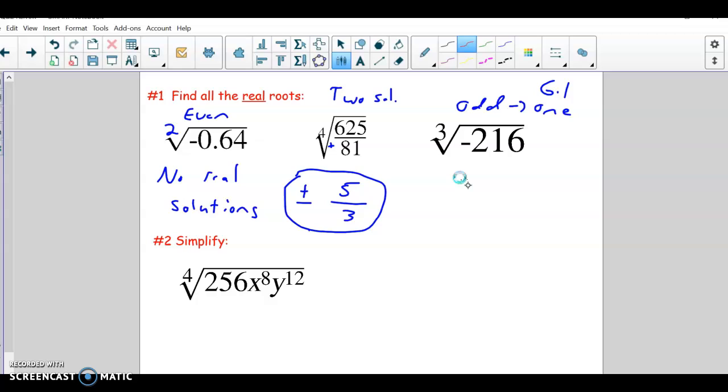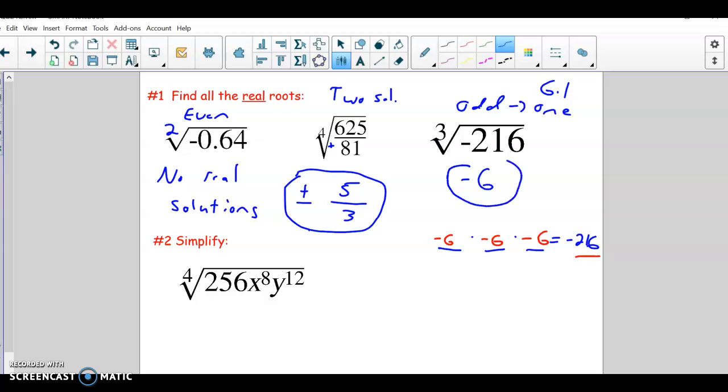So this one has 1 answer, and in particular, it's negative 6. And if that's confusing, just think of it in terms of what a third root is. If I made 3 blanks here, it would work negative, because negative 6 times negative 6 would be positive 36. Then you take that times negative 6, we're back to a negative number. So it makes sense that negative 6 is the right answer here.